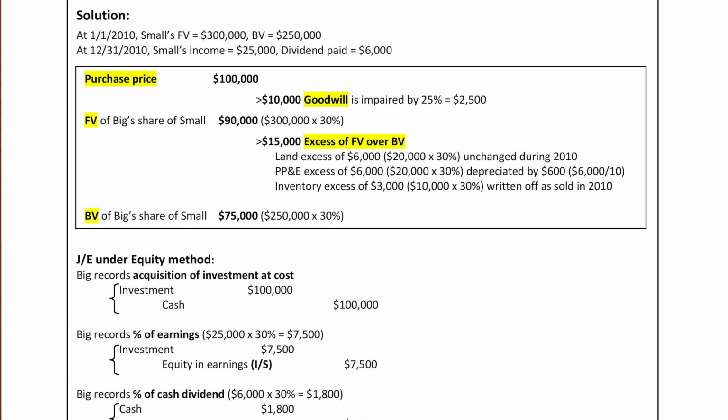Now let's quickly look at the journal entries under the equity method. When Big acquires 30% of Small, the investment is recorded at cost, so investment is debited for $100,000.